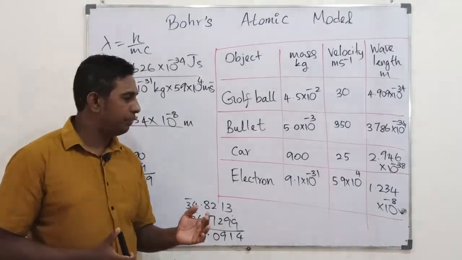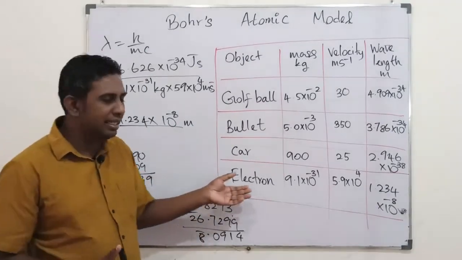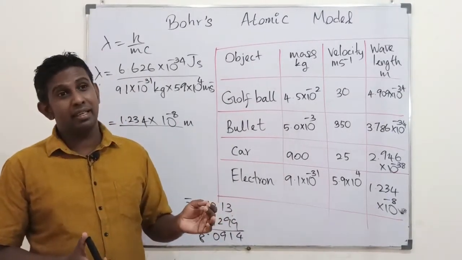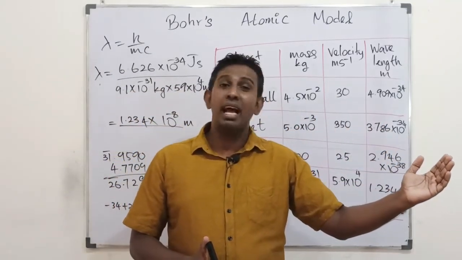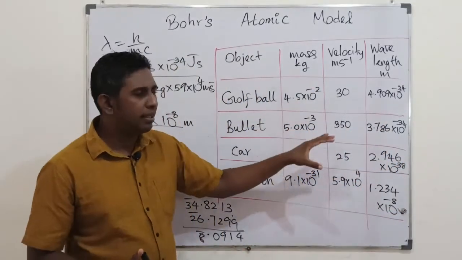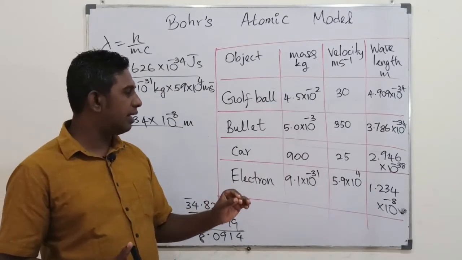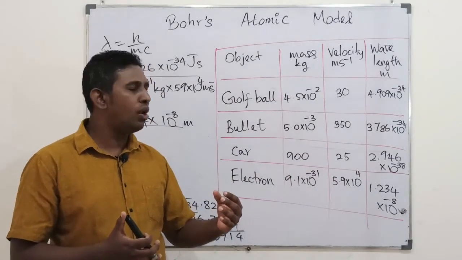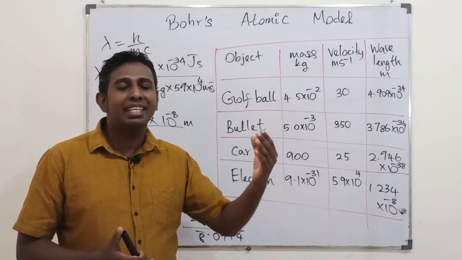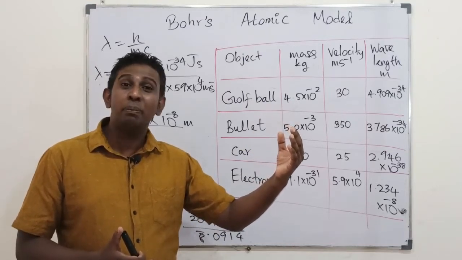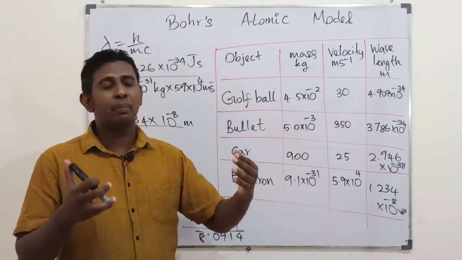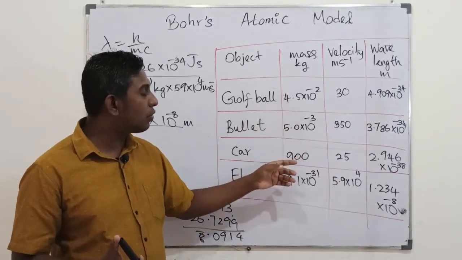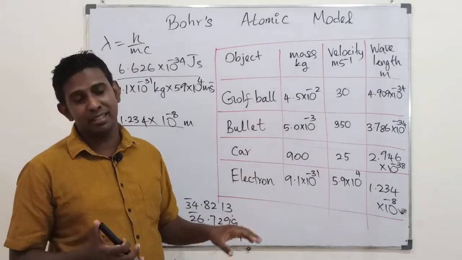So the point is the electron has a considerable wavelength. Out of these four, the electron is small enough to have wave properties as well. For small particles only could you talk about wave properties, not these macroscopic or big particles.